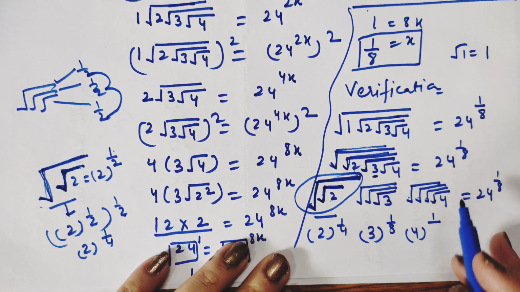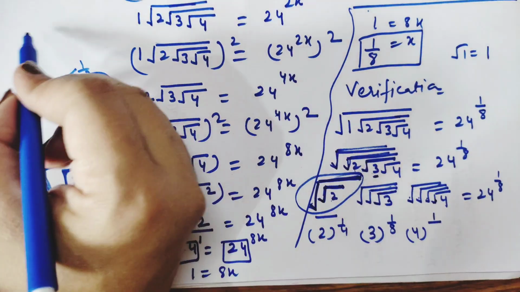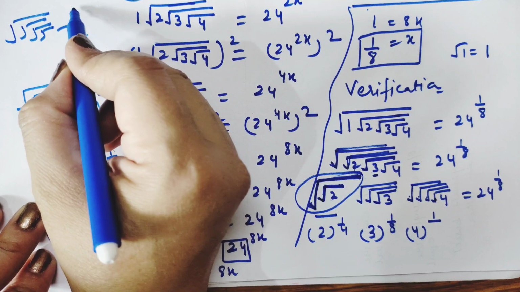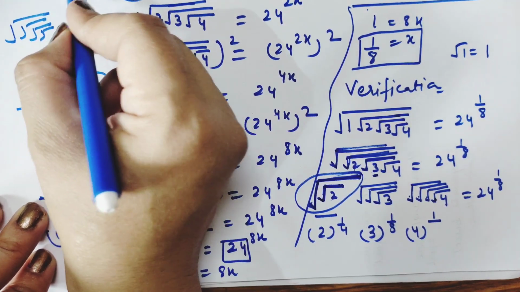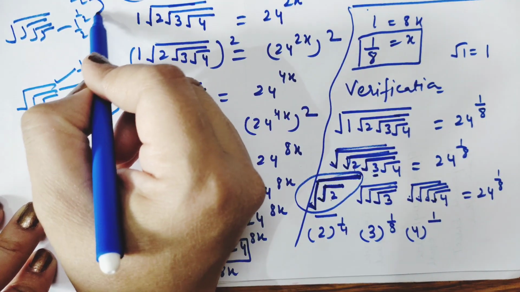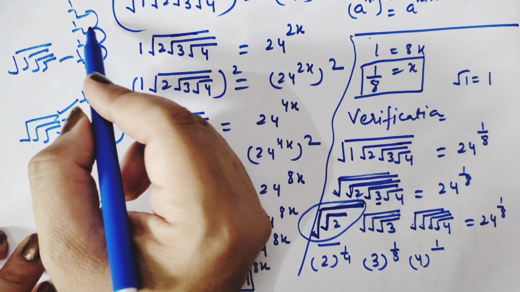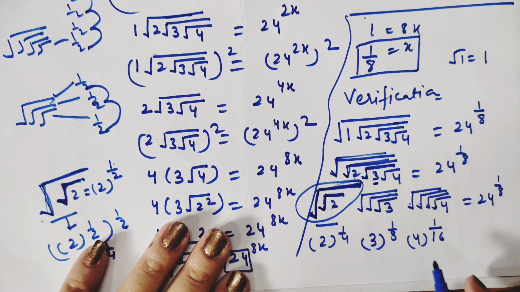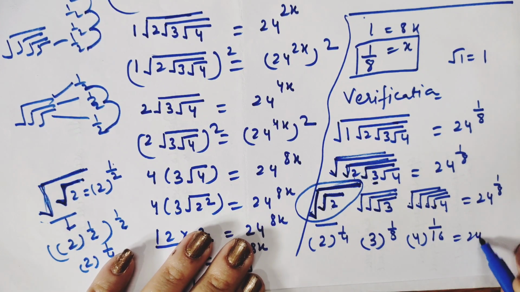There are 4 roots, so each value is 1 by 2, again 1 by 2, 1 by 2 and 1 by 2. 2 twos are 4, 4 twos are 8, 8 twos are 16. We are writing here 16 because there are 4 roots. Now the right hand side is as it is.